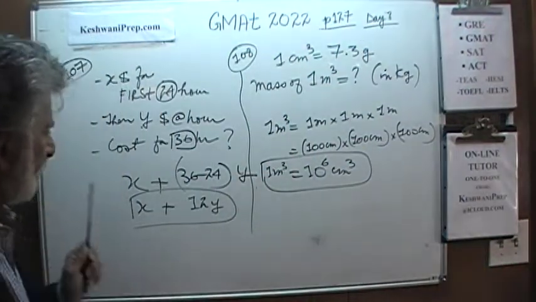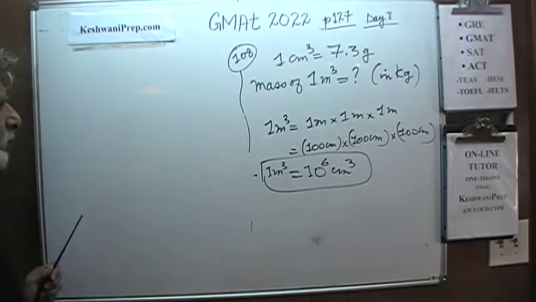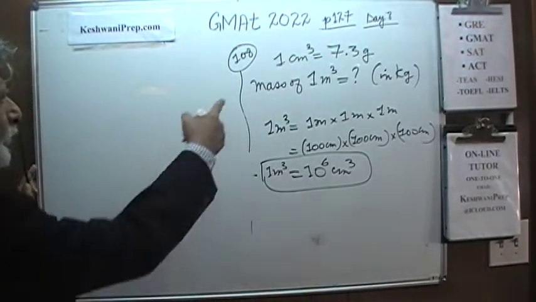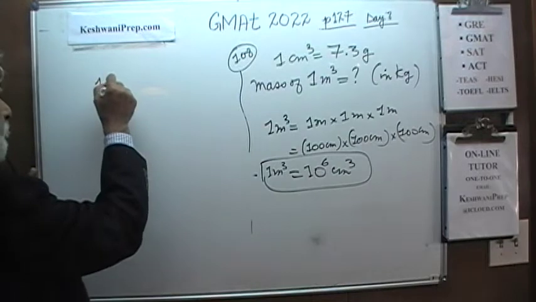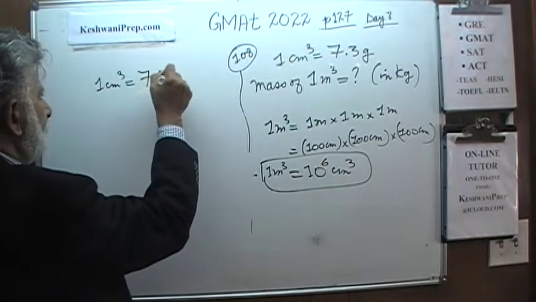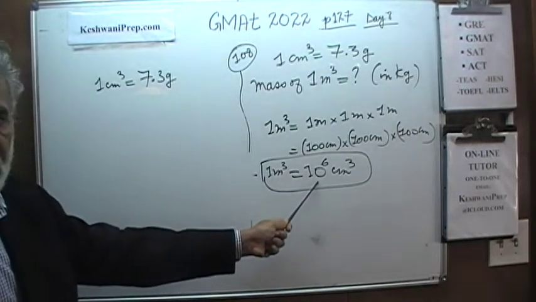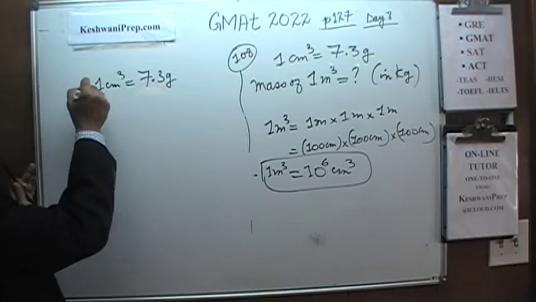Now we can pick up the story from here. Well, we know one cubic centimeter weighs 7.3 grams. We are not interested in 1 cubic centimeter, we are interested in 1 million cubic centimeters. So let's multiply both sides by 1 million.